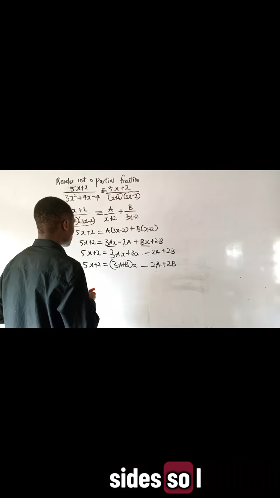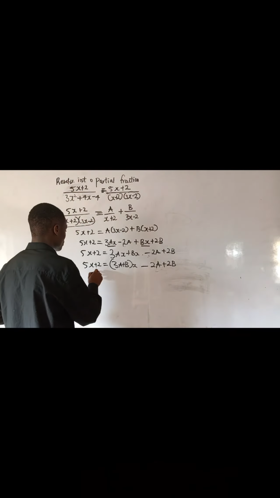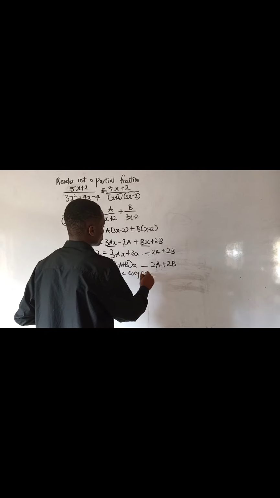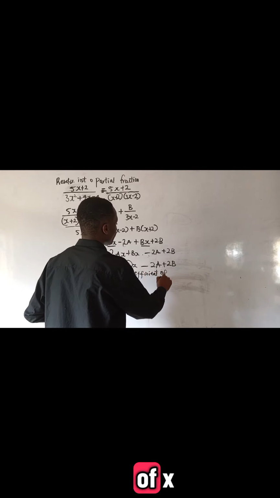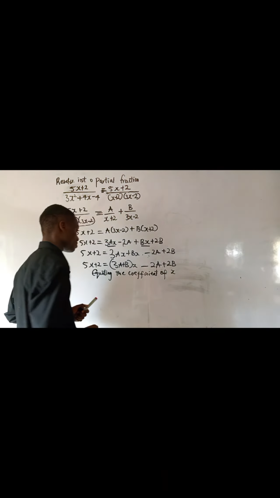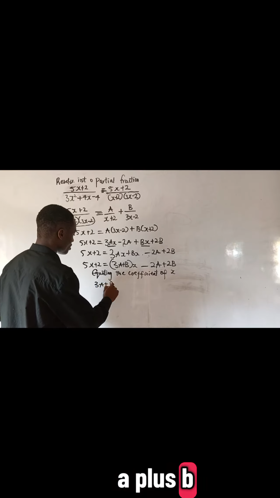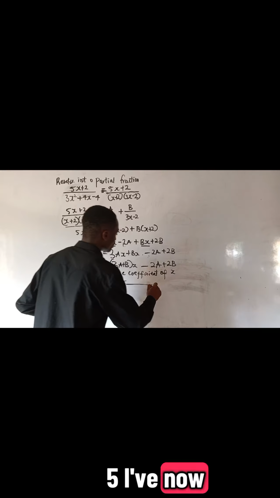So I'll say equating the coefficient of x. So I'll have 3a plus b is equal to 5. I've now gotten equation 1.